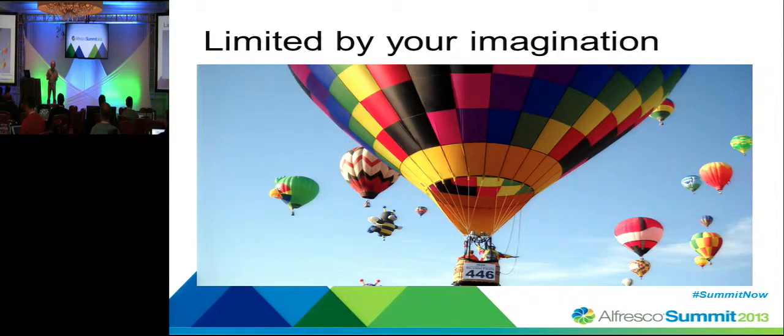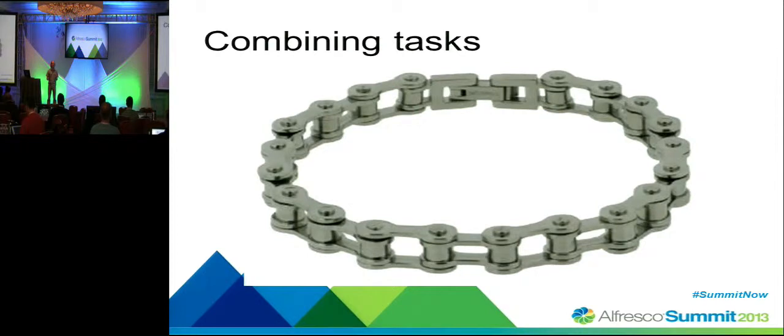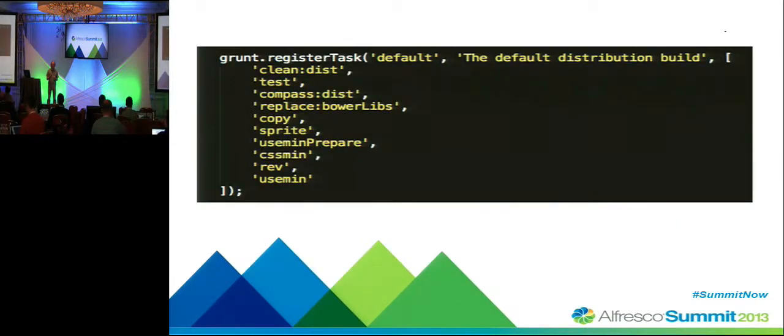And when you start combining each of those individual tasks together, you produce something much larger and much more useful than those individual tasks would enable you to do on their own. So what I'm going to do now is show a couple of examples of how we're using it. First up is our default task, and this acts as the distribution build. In it, we have Grunt clearing the target folder, and then getting ready to do the build.